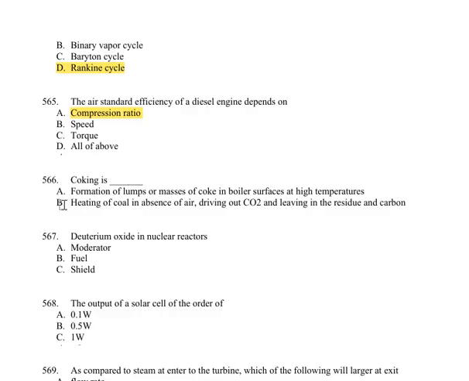Coking is heating of coal in the absence of air, burning off CO2 and leaving a residue of carbon. Nuclear oxide in a nuclear reactor is a moderator.